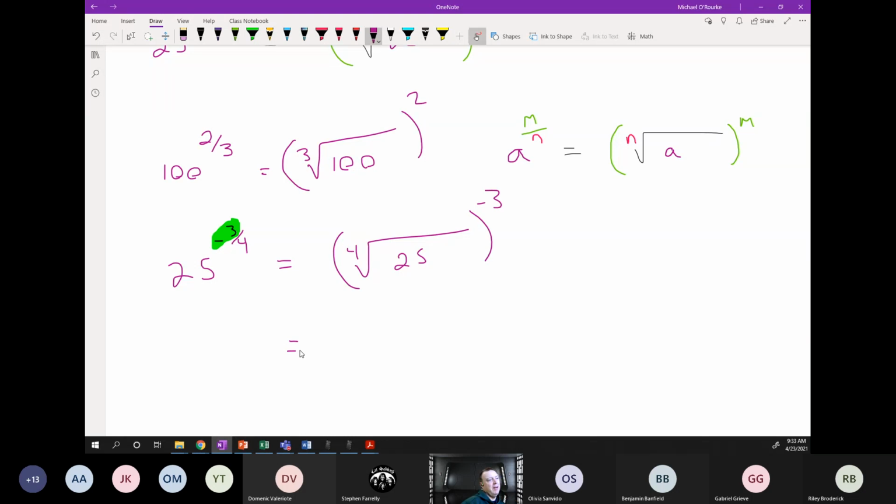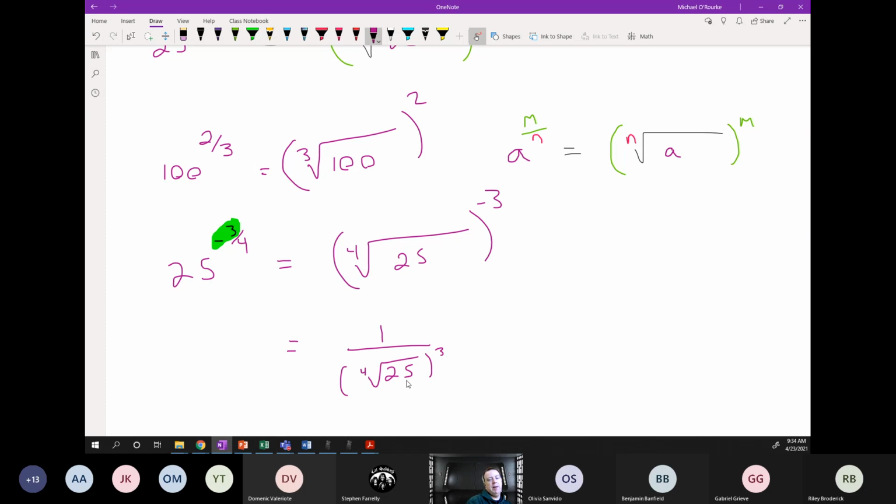Good, Andreas. I don't like negative exponents. So we need to make that exponent a positive. How am I going to make that exponent a positive? Good, flip it, which would be 1 over bracket 4 root 25 to the power of 3.